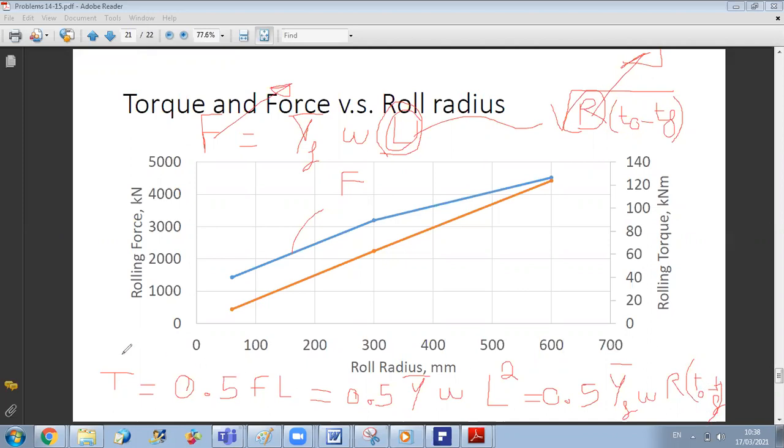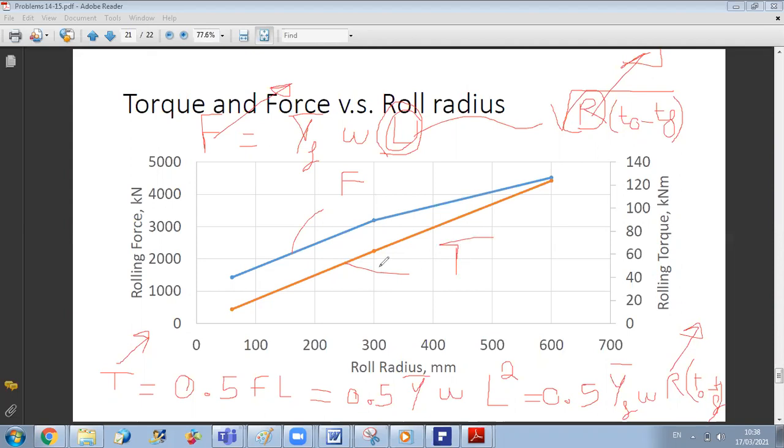The higher the radius, the higher the torque. The effect of the radius on the torque is higher than the effect of the radius on the force, since torque is proportional to R, while F is proportional to radical R. So the torque varies in a linear way with the radius, while F is proportional to radical R. The slope of variation for the torque will be higher than the slope of variation for the force. This curve represents the variation of torque with the radius.